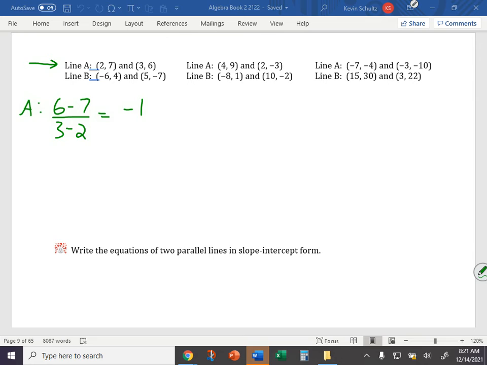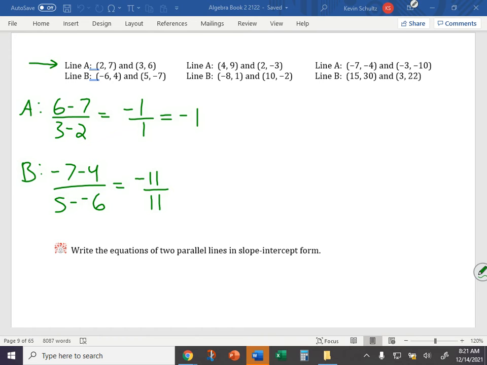That simplifies to be -1 over +1 or just -1. Okay. Line B. y2 minus y1 is -7 minus 4 over 5 minus -6, which becomes 5 plus 6, right? This gives us -11 over 11.